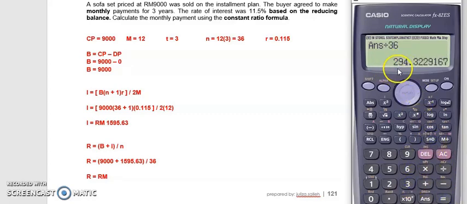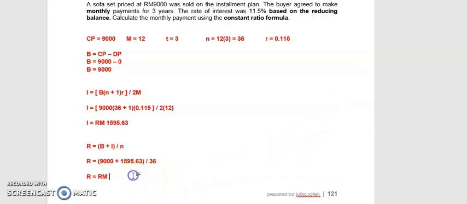So every month we need to pay 294 ringgit 32 cents. Okay, this is an example of how to calculate interest based on reducing balance. So if based on reducing balance, use the constant ratio formula and derive value I from this formula.